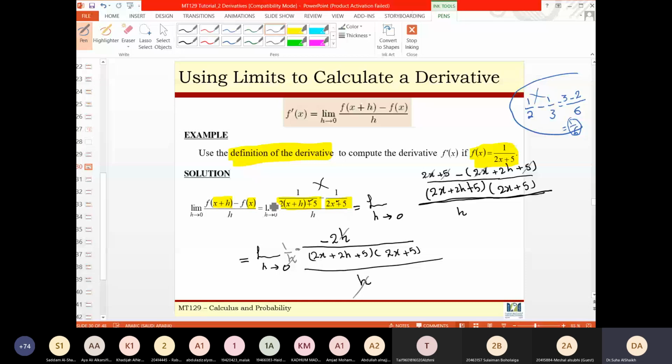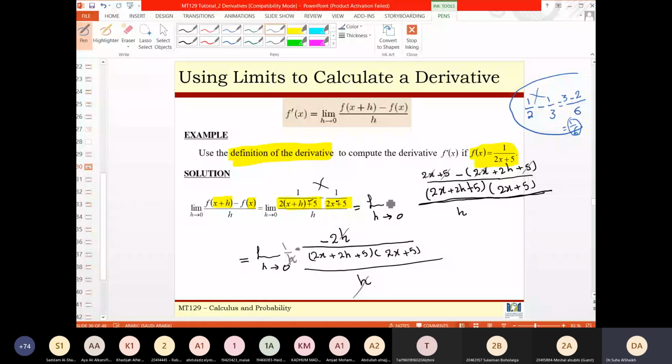It's like 1 over h multiplied with this amount here. So this h cancels this h actually. And we remain with the limit when h goes to 0, of -2 over 2x plus 2h plus 5.